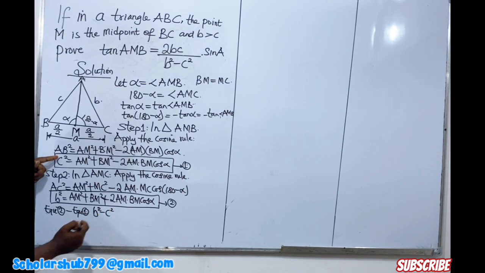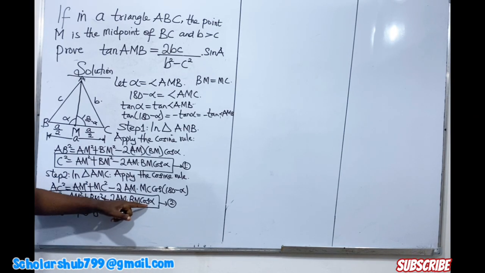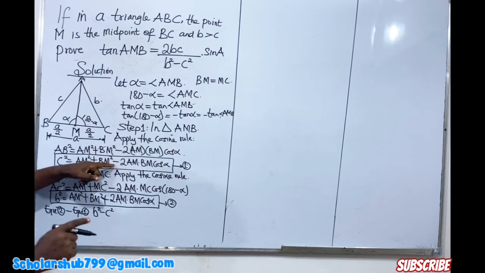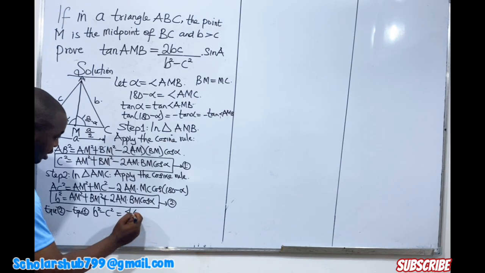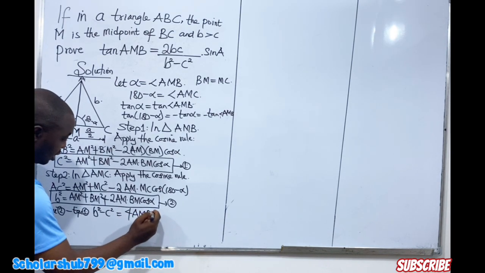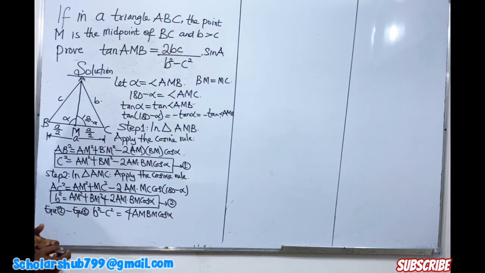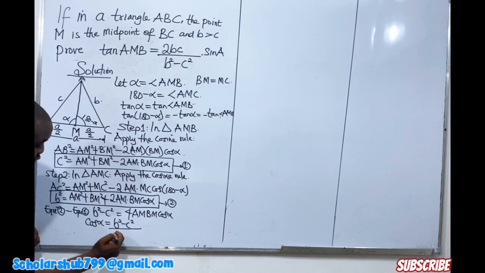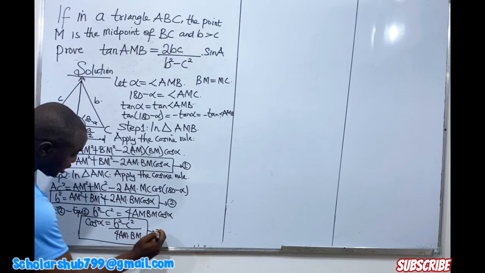AM squared minus AM squared will be 0, BM squared minus BM squared will be 0. 2AM BM cos alpha minus negative 2AM BM cos alpha will be 4AM BM cos alpha. So this is where we can obtain the expression for cos alpha: cos alpha equals b squared minus c squared divided by 4AM multiplied by BM. Let me also box this. This becomes the third equation.